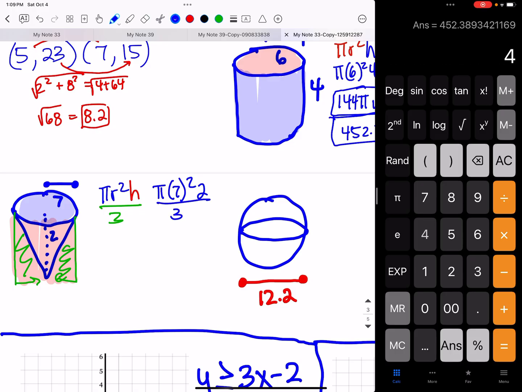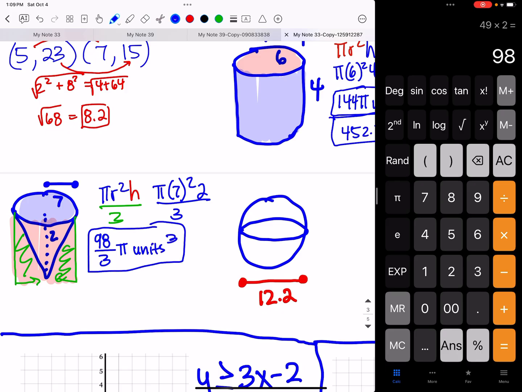So it's 49 times 2 is 98 thirds. 98 thirds pi is the answer. Units 3D. If I was going to do this, let's see. 98 times pi divided by 3 equals like 102.63 units 3D.